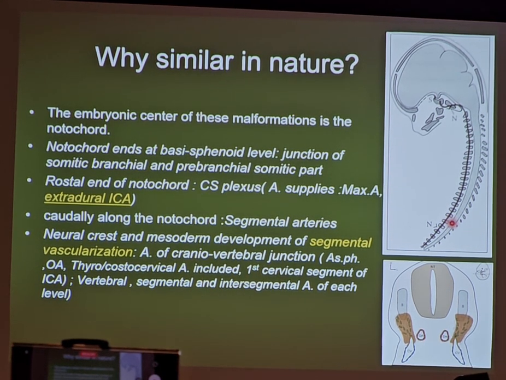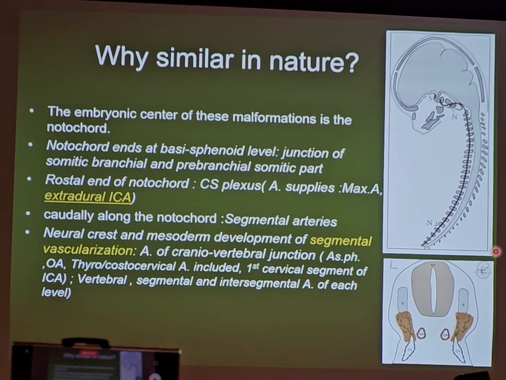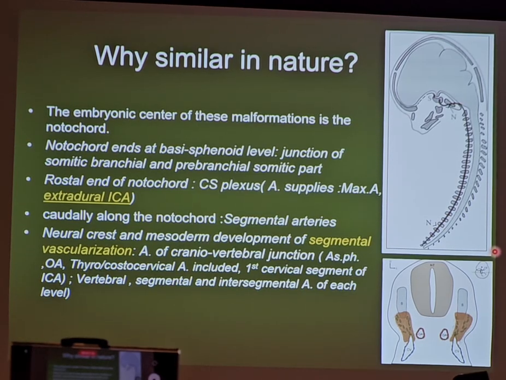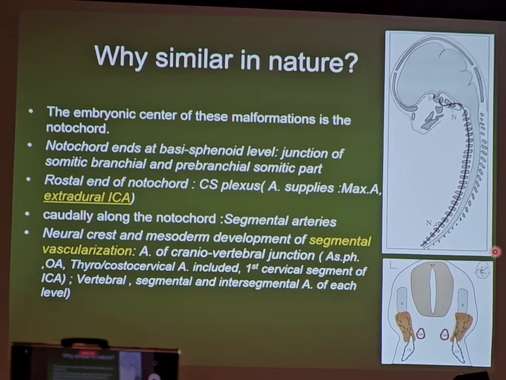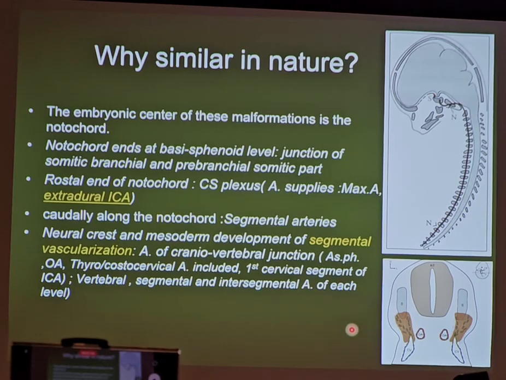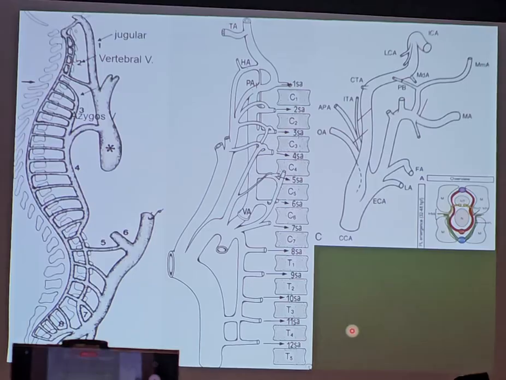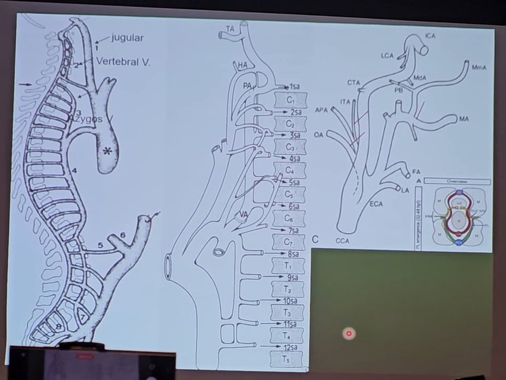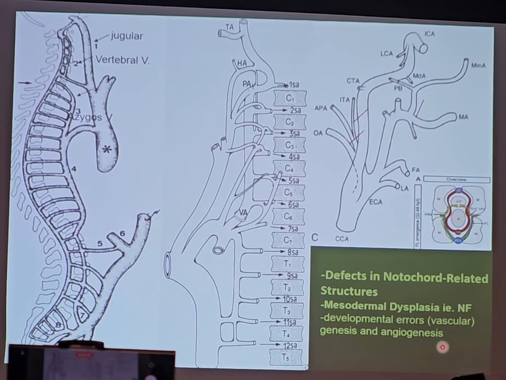So we are talking about the area of the cranial-vertebral junction, which you have surely heard of as the inferior occipital costal cervical area, including the first cervical segment of the internal carotid artery, and at the somatic level, the vertebral itself, the segmental and intersegmental arteries involved in this condition. The arteries and veins are close to each other.